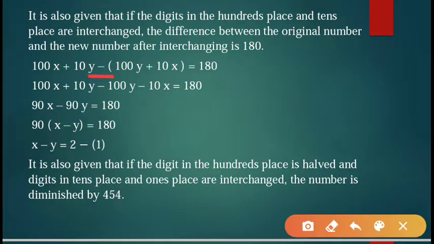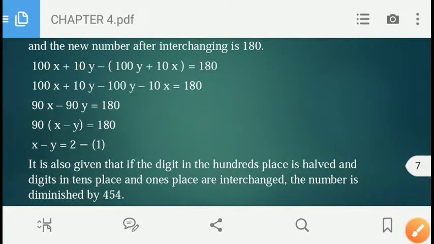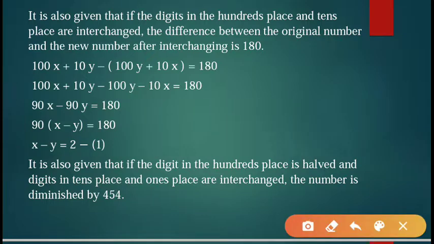Okay, and their difference is given as 180, so this can be written as, now when you open the bracket, the sign will change. Plus will become minus and minus will become plus. This will be as it is. When you open the bracket, this minus will multiply with 100y and give you minus 100y, and this minus and plus will multiply and give you minus 10x is equal to 180.